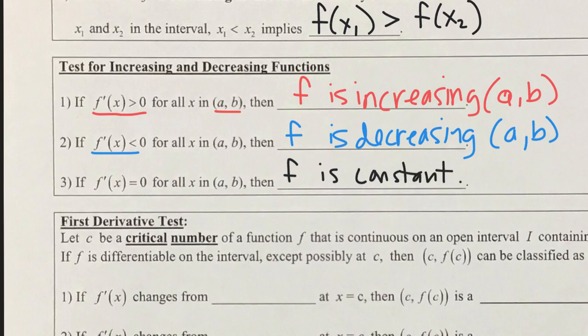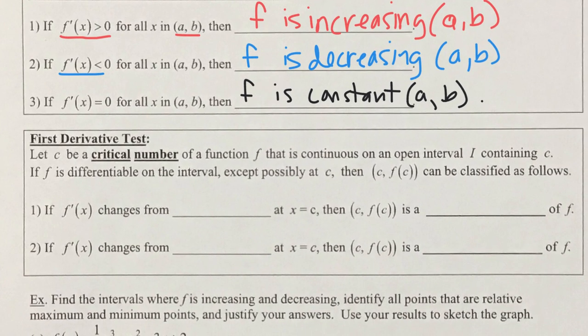So we talk about our critical values where your derivative is 0. It's not increasing or decreasing at that point on your interval. So exactly at that point, if the derivative is 0, our function is not increasing or decreasing.